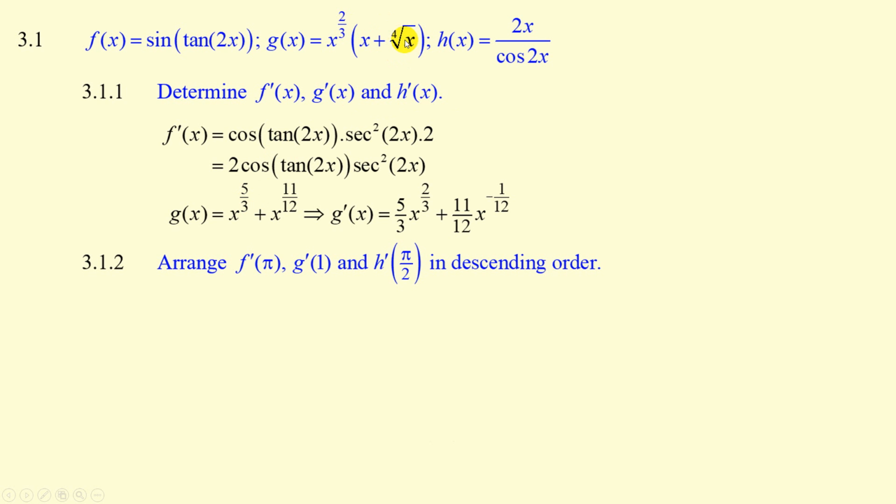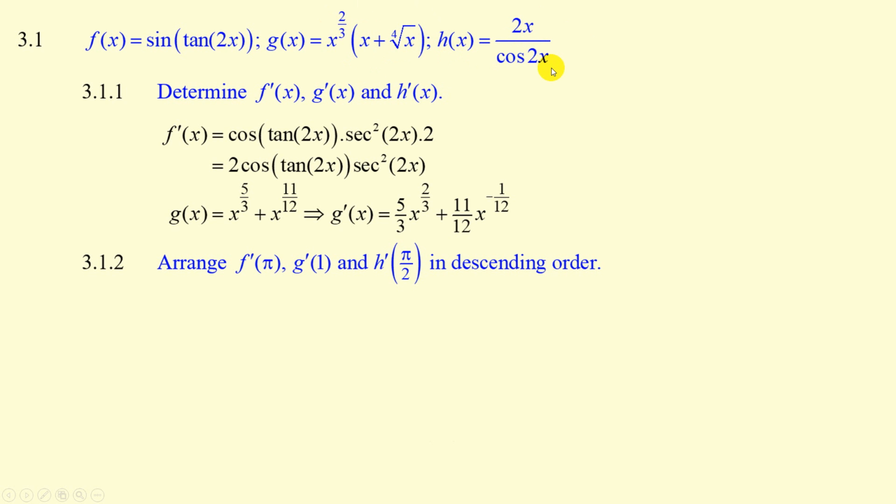X to the 2/3 times x to the 1/4 gives you x to the 11/12. Now quite simply, 5/3 x to the power and subtract 1. 11/12 x to the power and subtract 1. And there is the derivative of what was a product, but we can multiply out.